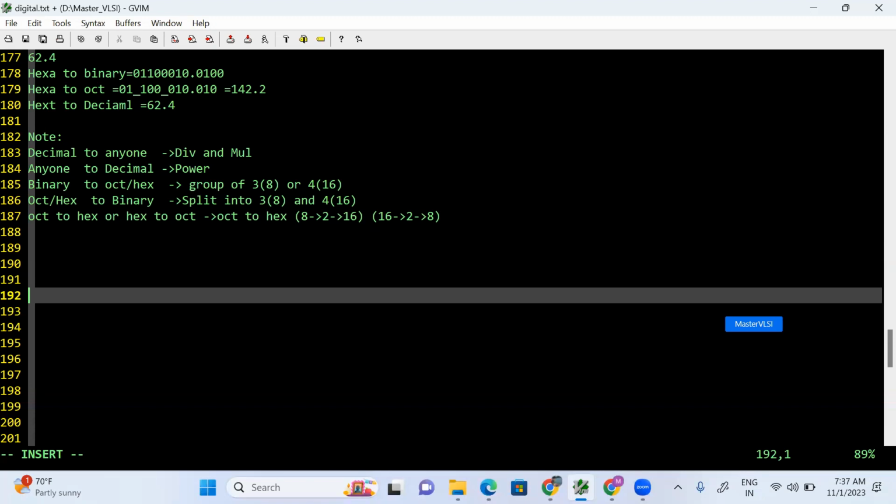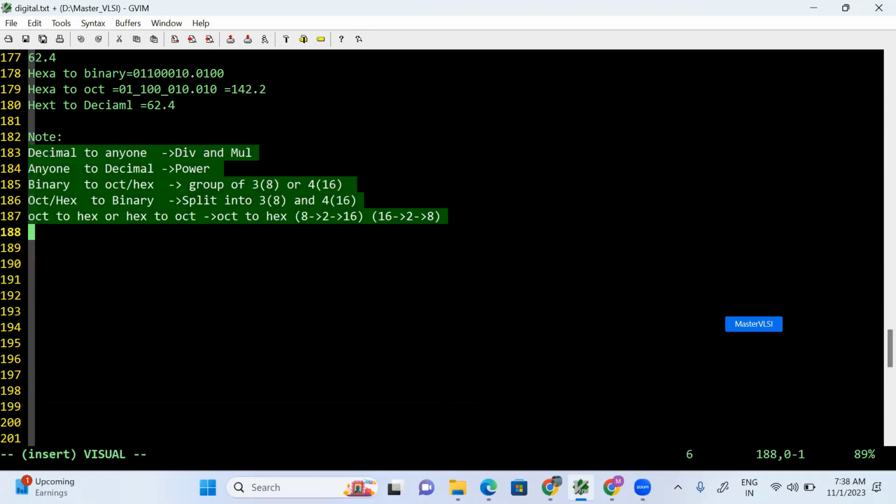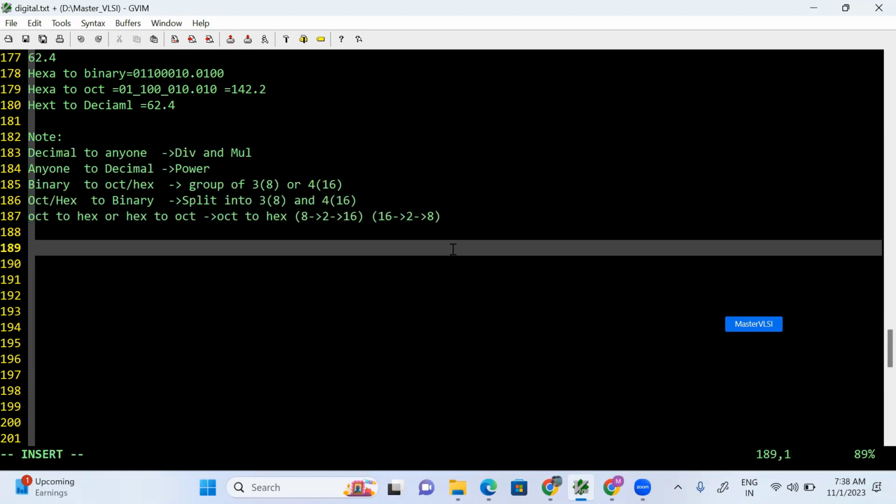Hexa to binary, split. Binary to octa, group. Octa to hexa, indirect conversion. We don't have to remember much. This note, if you remember, that is more than enough. And the table. Clear?